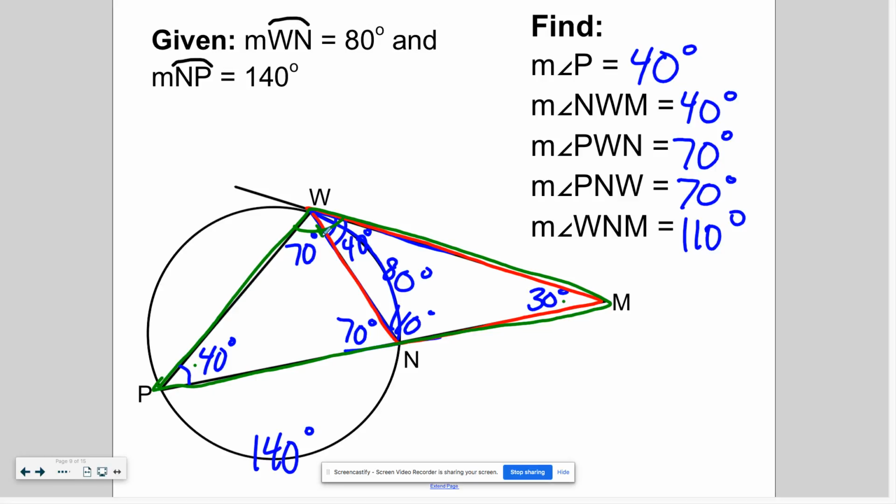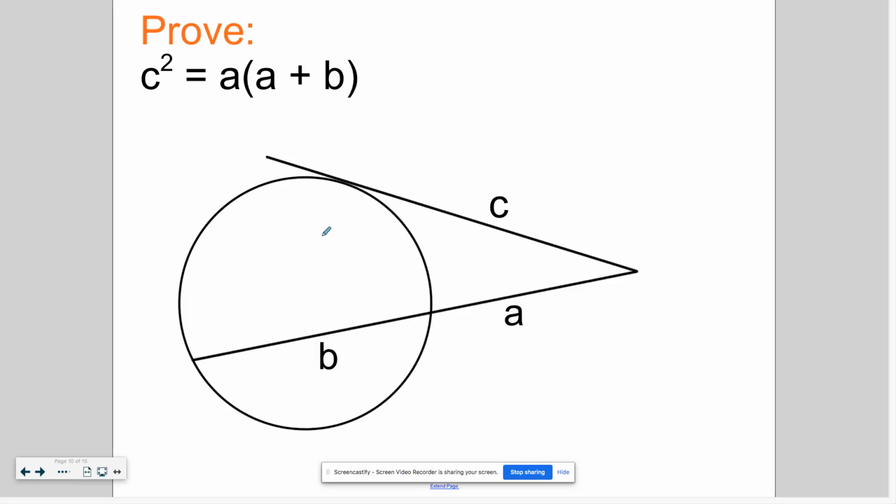Keep that in mind. Here's a proof of what we just did. I'm going to connect the pieces here. This angle is reflexive. Use some different colors here. The angle I made a double arc right here would be the same as this one.